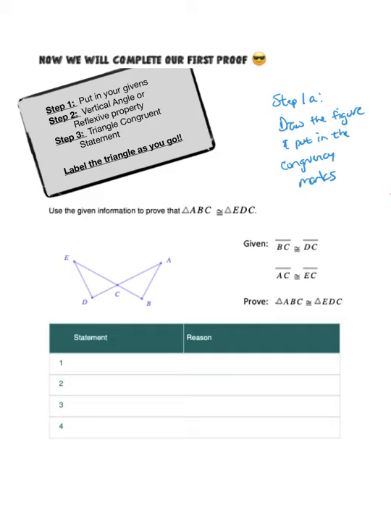Alrighty, so let's do this. I'm going to mark first. Given BC is congruent to DC. BC is congruent to DC. So I'm going to say BC is congruent to DC. My reason? It's given.